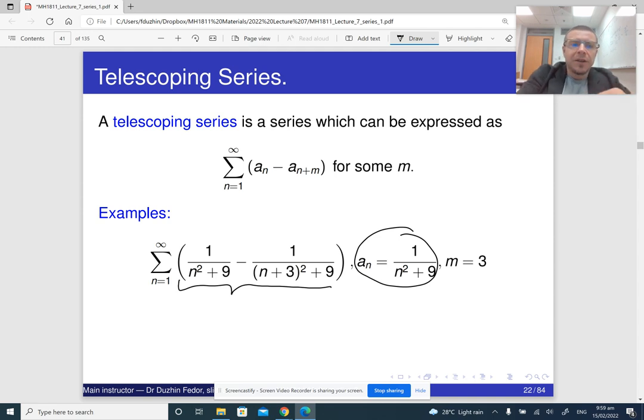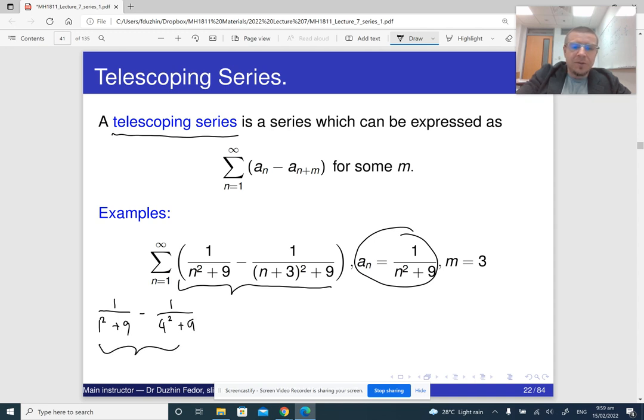Now, why is it called telescoping? Because basically the idea is that if you write down the whole sum, it's going to sort of fold like a telescope. Let me explain what I mean. If n is 1, then this is 1 over 1 squared plus 9 minus 1 over 1 plus 3, so 4 squared plus 9.